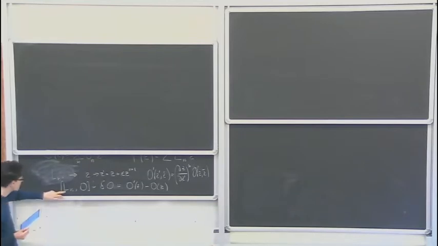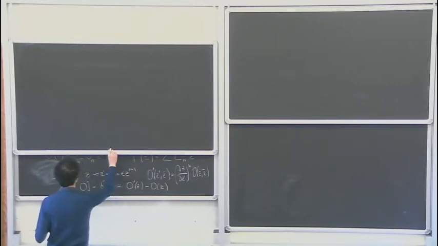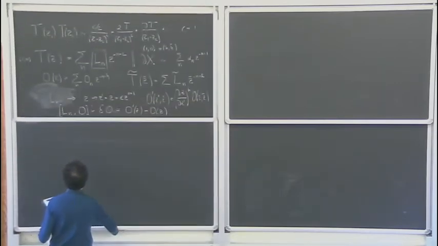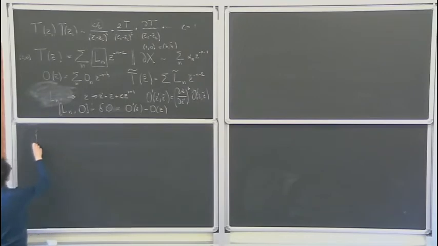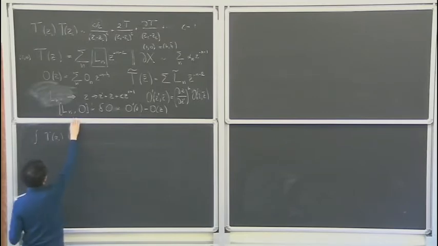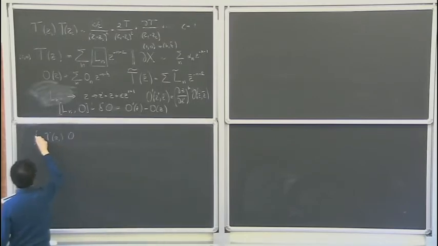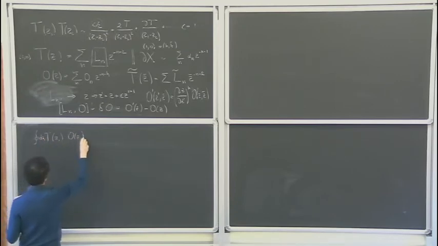The second way is to calculate this commutation relation by using the OPE, right? So you can write this object as the integral of T(z1) over O, and this is integrated over z1. O is in z, so this integral is around z.